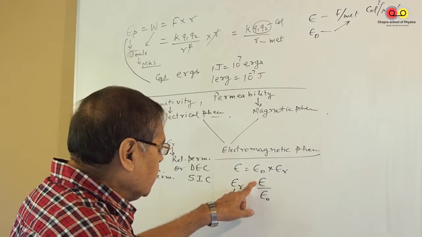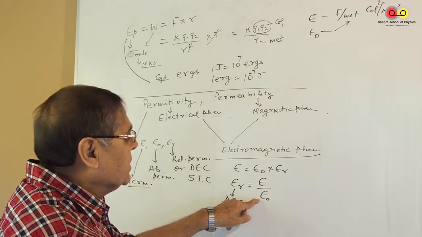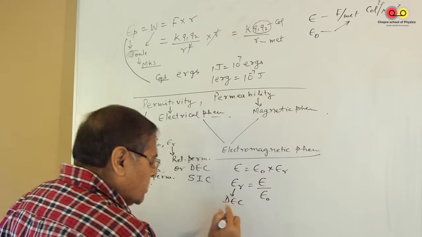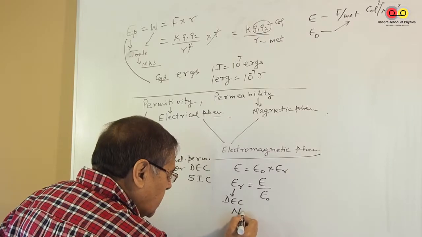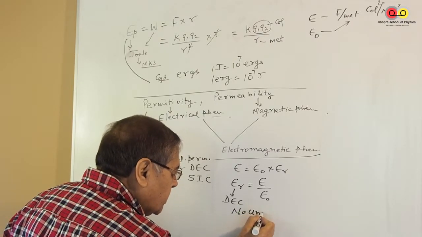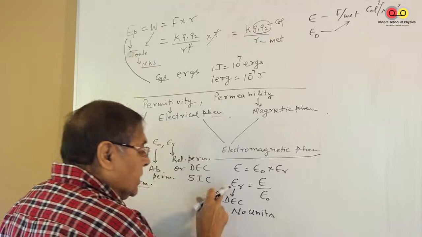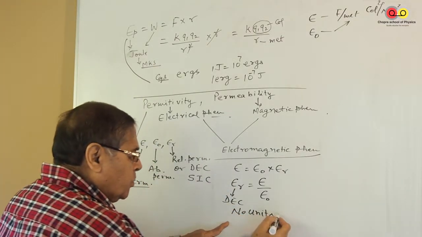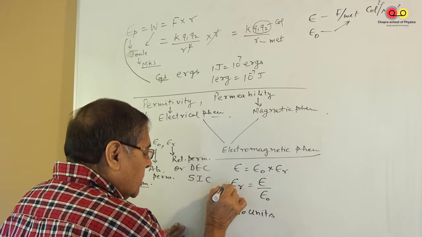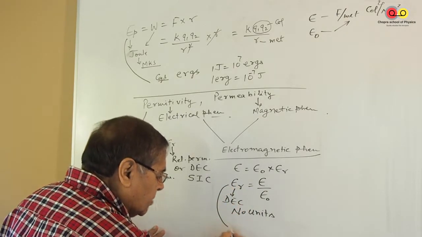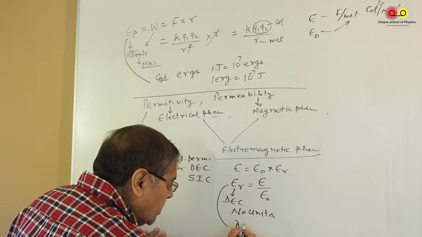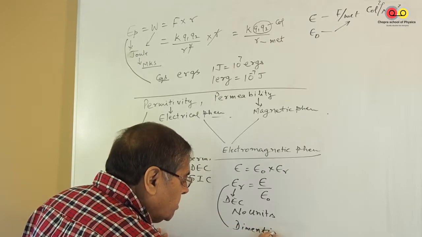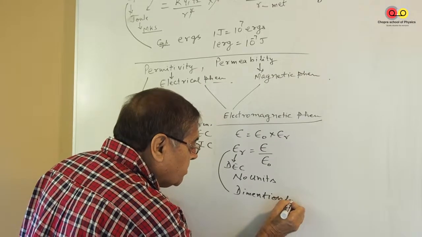So whatever is the unit of this, the same is the unit for this, both units will cancel off. So dielectric constant has no units. It is a dimensionless constant. So it has no units, and relative permittivity is a dimensionless constant.